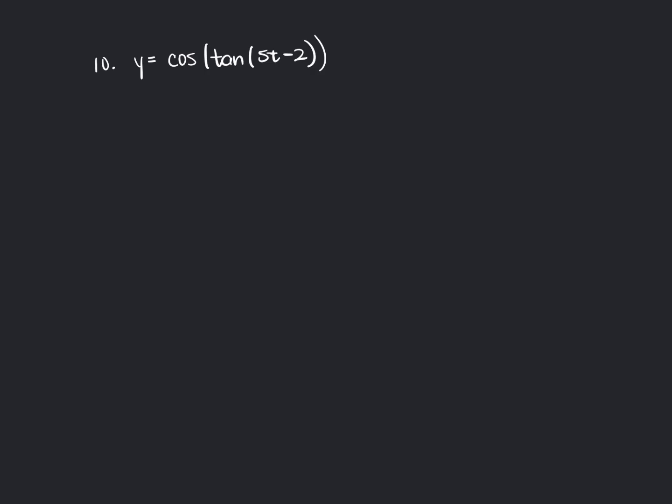All right, on number 10, I have a chain rule within a chain rule. If I rewrite this in color coding, my outside is cosine of something. My next layer inside is tangent of something. And then my last layer inside is this 5t minus 2. Okay? So then y prime, we're just going to take the derivative and work our way in.